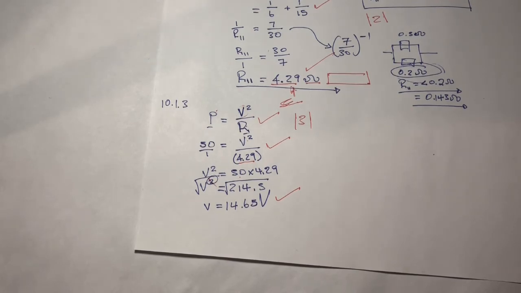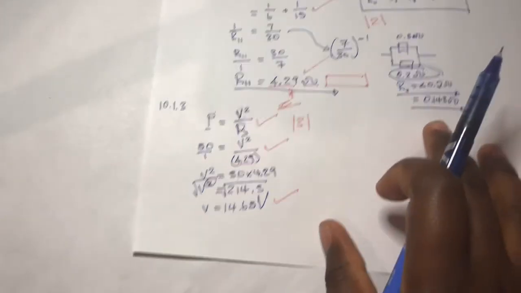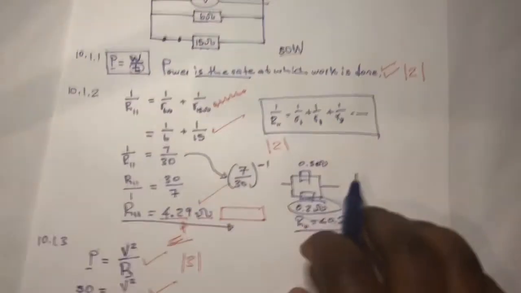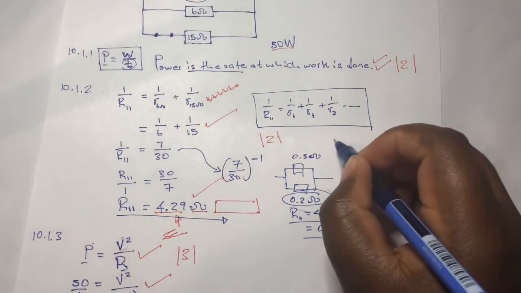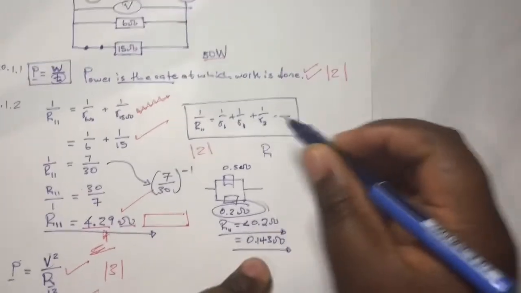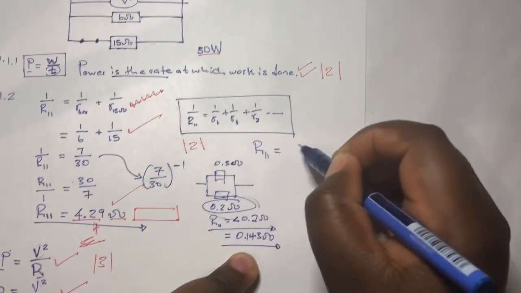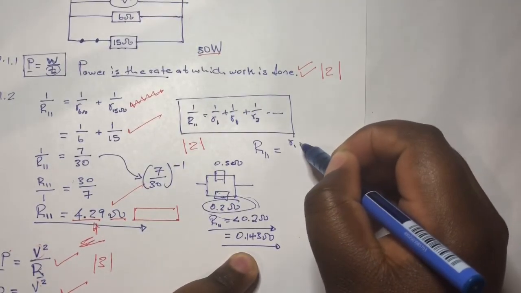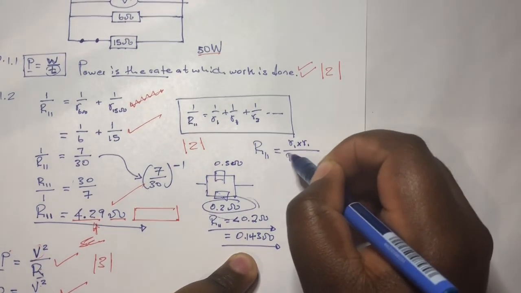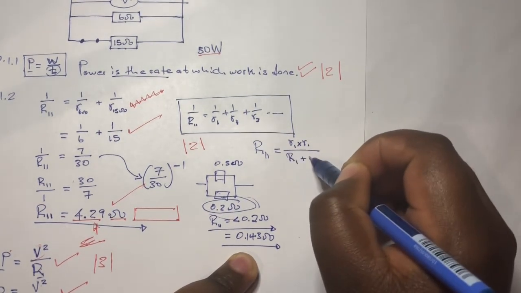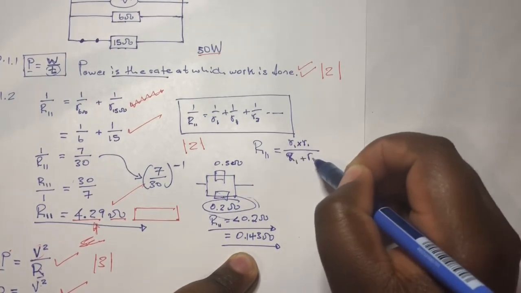For example, I'll just give an example using the previous question that we solved. When calculating parallel resistance, there's this formula where you can just say R parallel is equal to R1 multiplied by R2 over R1 plus R2.